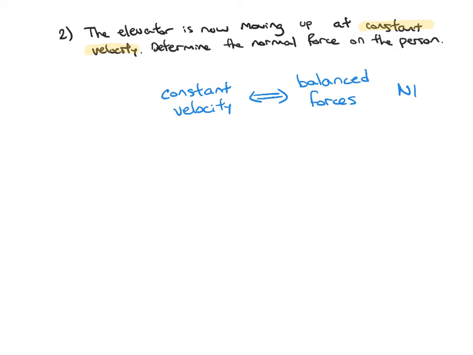Okay, so I'll just write that there for you just as a reminder. So if the forces are balanced, then the free body diagram has the force of gravity equaling the normal force.